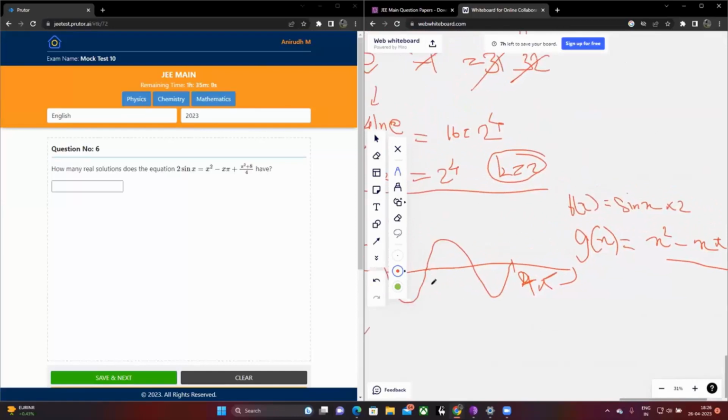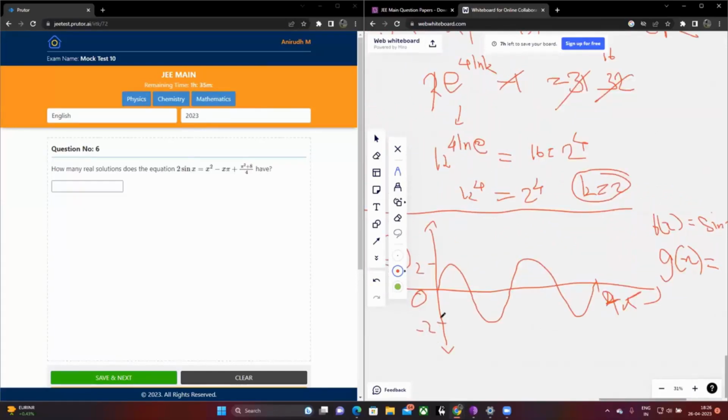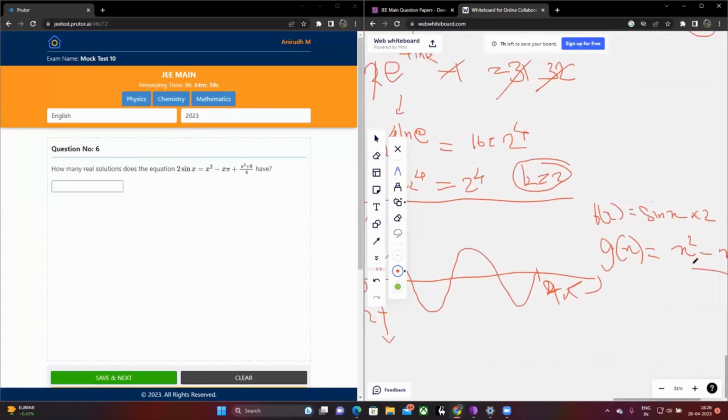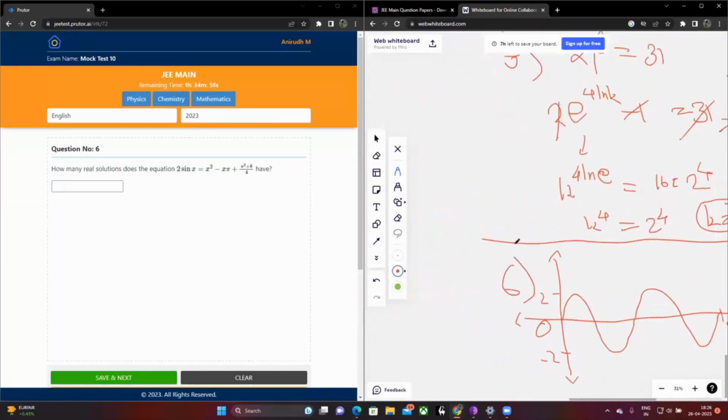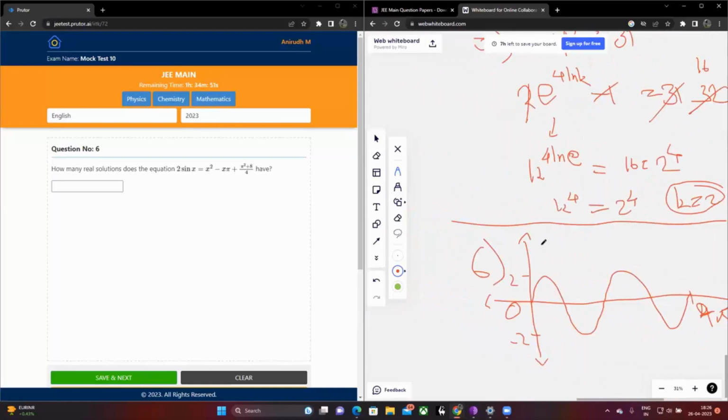And mark the upper bound as 2, mark the lower bound as minus 2. This is necessary because you are going to graph a parabola again. And to mark that parabola, you need to actually reference the different endpoints that you get, right? This is basically pi by 2, and this is 2 pi, this is pi. I'm not marking anything else, right?